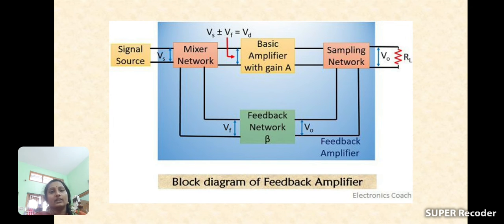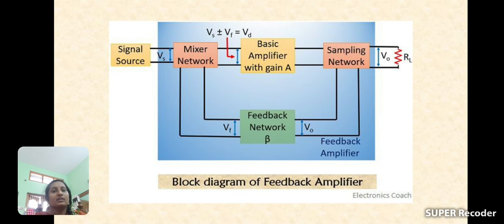The feedback network is made with passive elements: resistors, capacitors, inductors, and it is used for connecting a fraction of the output back to the mixture network. The feedback network provides the voltage Vf equal to beta into V naught. Here the beta value lies between 0 and 1.